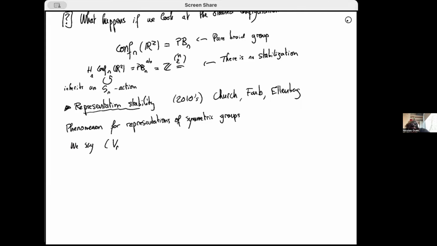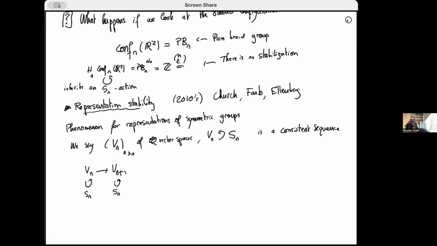So we'll say that a sequence Vn of Q vector spaces, with Vn being a representation of the symmetric group Sn, is a consistent sequence if you have stabilization maps from Vn to Vn plus 1 that are equivariant with respect to the inclusion of the symmetric group Sn inside Sn plus 1.